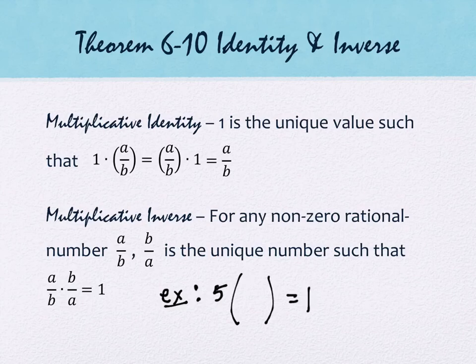Well, 1 over 5. So 1 over 5 is the multiplicative inverse of the number 5. And if it feels weird to write it that way, remember again, 5 is the same as 5 over 1. And we get multiplicative inverses by inverting our fractions, reciprocal of our fractions. So that's where that's coming from.